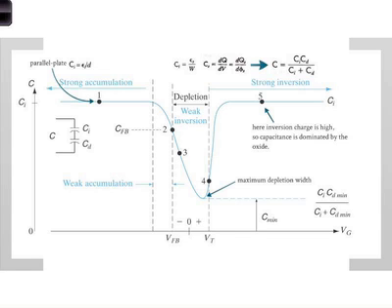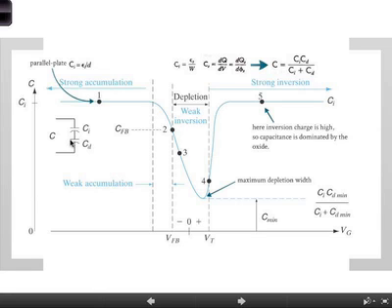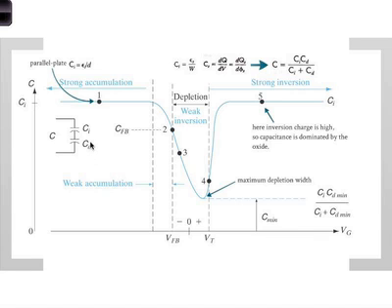If this response is due to majority carriers, this number will be very high. Small changes in voltage can cause large changes in the majority carriers, because there are a lot of them. That's exactly what happens in accumulation. So if you look out here, when the voltage is negative, you have strong accumulation. The capacitance is very high. It almost basically reaches Ci, the reason being that CD is so high that you basically ignore it.